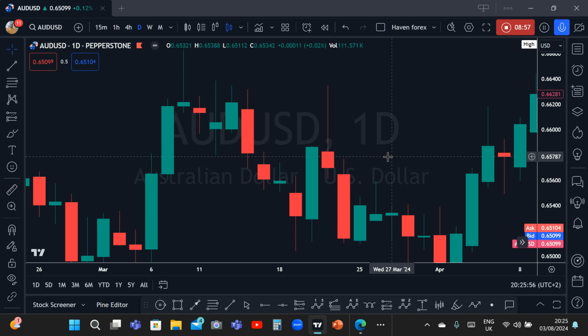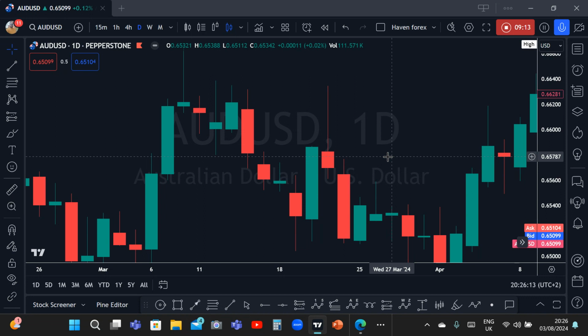Then what you need to do is to enter the trade. So how do you enter it? If it's a bullish pin bar, enter a long position if the pin bar tail points down. All right.